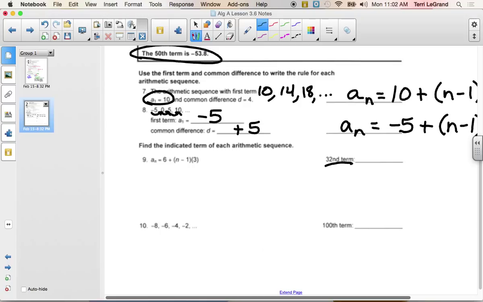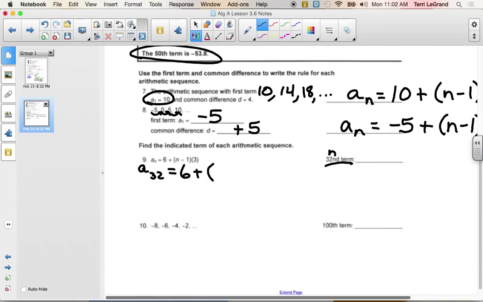That's our n value. There's our n right there. Okay, so we need to substitute 32 in for n. So we're looking for the 32nd term. That's what this says. A sub 32 says to the reader, hey, you're looking for the 32nd term of a sequence that starts with what? 6. Starts with 6.